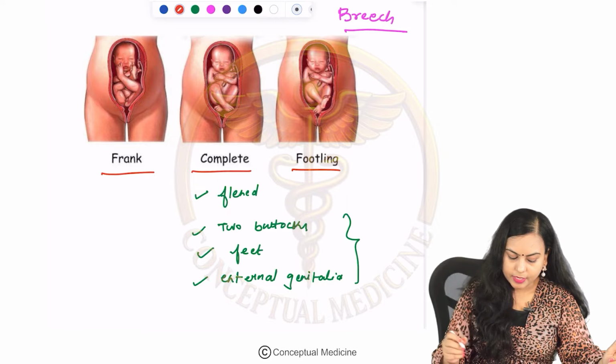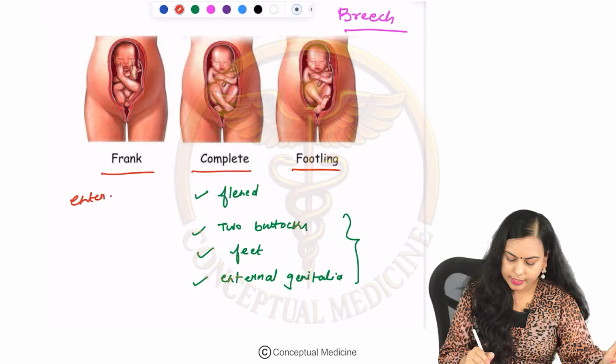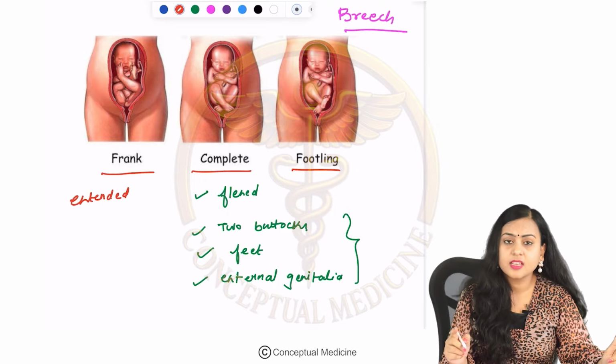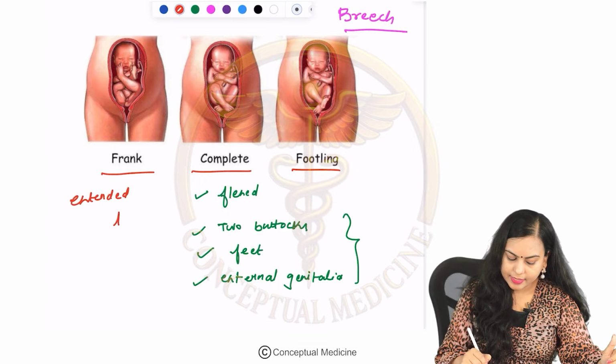And in frank breech, what is happening is there are extended legs, okay, you are able to see this, there are extended legs in this baby, and the thighs are flexed.